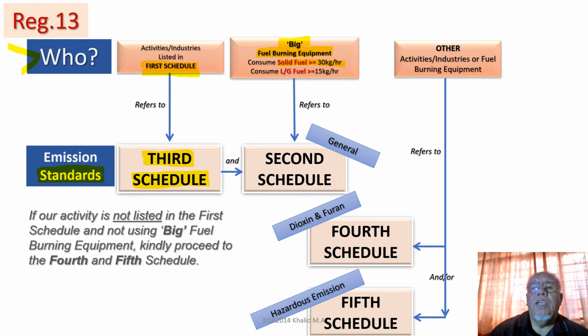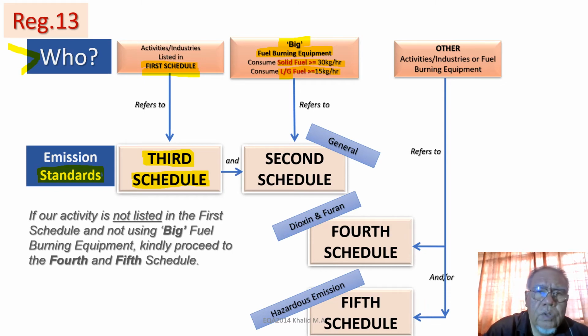And if they use other kinds of fuel like liquid or gas fuel, they could use liquid fuel like light fuel oil, medium fuel oil, heavy fuel oil, or diesel, or even petrol, or paraffin, or methanol, butanol.